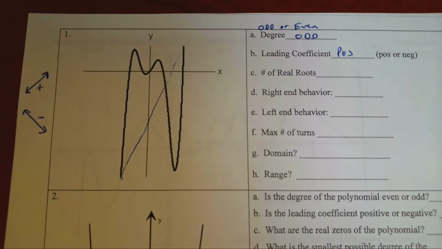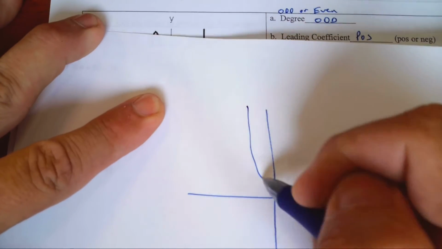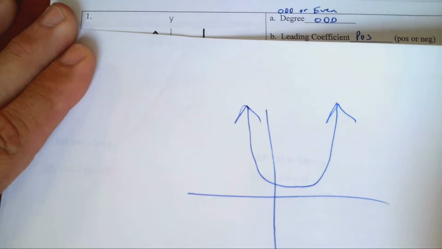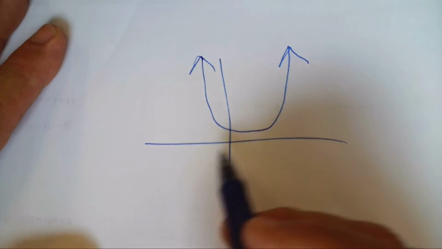So if you have a graph that looks like a quadratic, a parabola, and it looks like this, it doesn't have any real roots because it doesn't cross the x-axis.